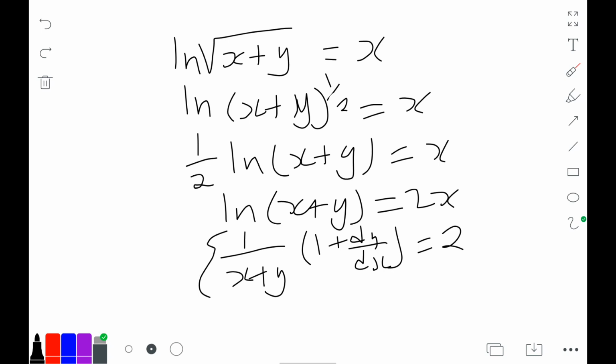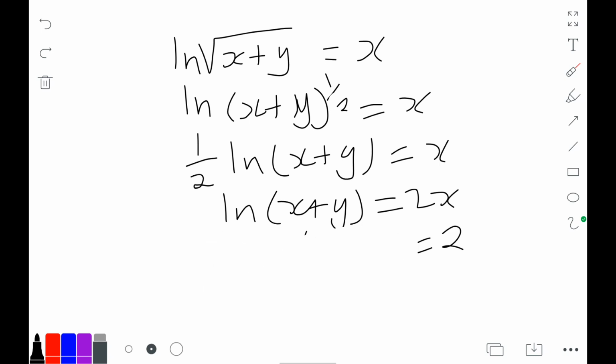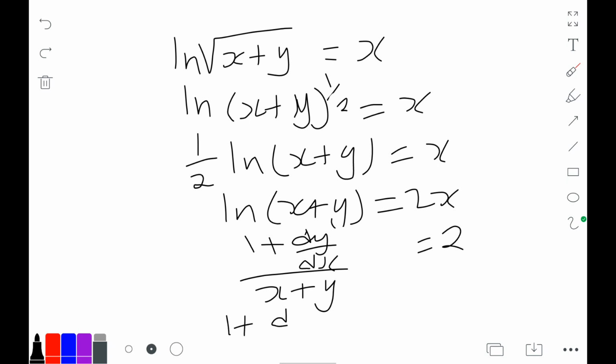Instead of writing it like this, I can write it as 1 plus dy over dx over x plus y equals 2. Now I will cross multiply. I am going to have 1 plus dy over dx equal to 2 times x plus y, which is 2x plus 2y.